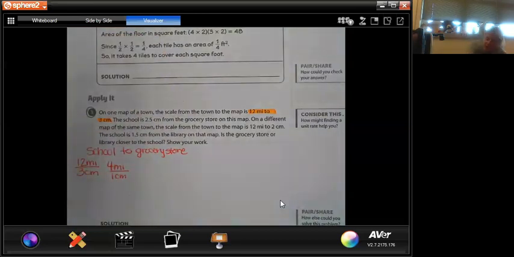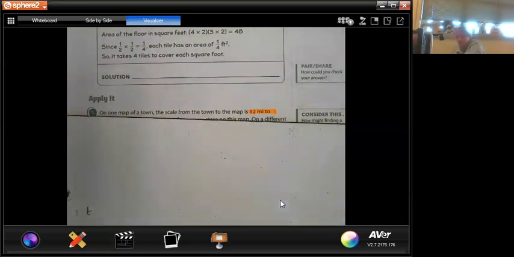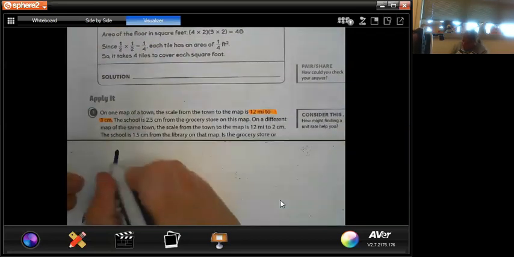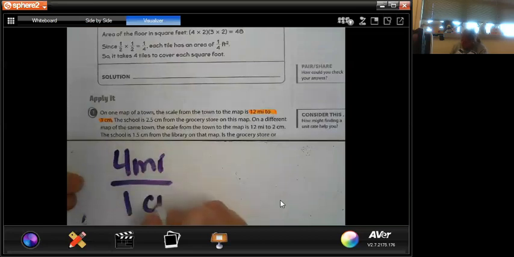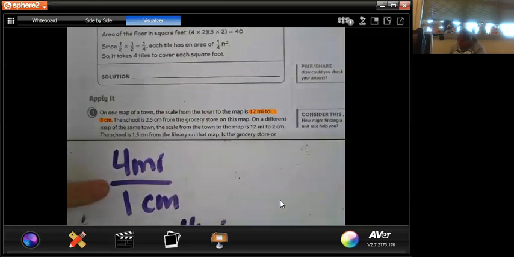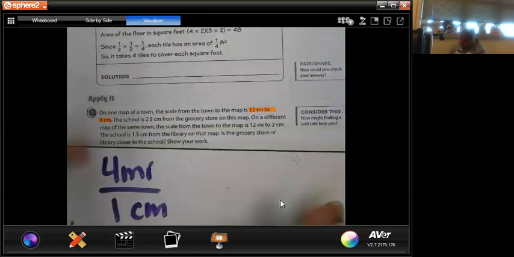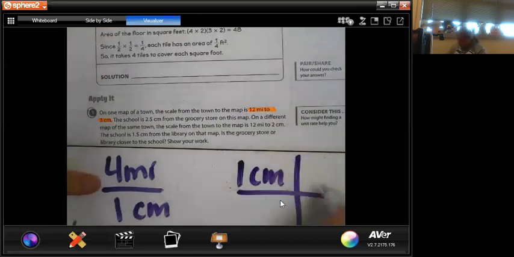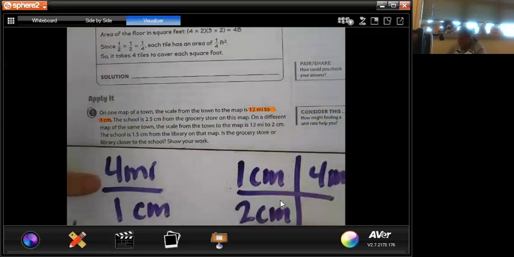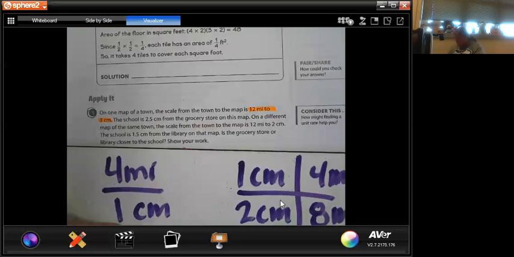Now you have a couple options here. The first option is, if you know that it's 4 miles for every 1 centimeter, maybe a table would be better. 1 centimeter for 4 miles, that means 2 centimeters would be 8 miles, 3 centimeters would be 12 miles, 4 centimeters would be 16 miles, right?